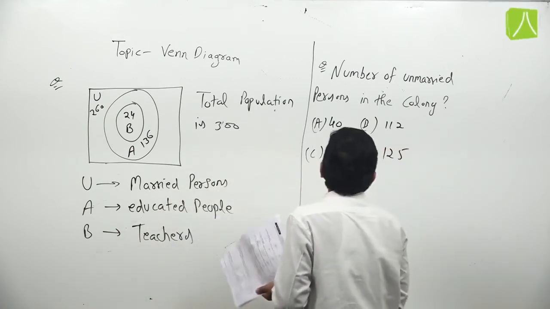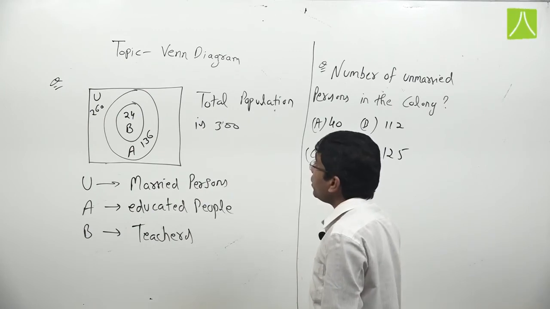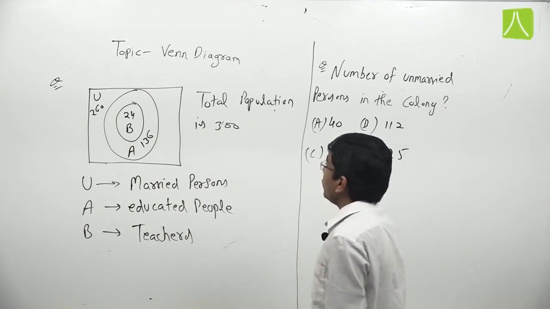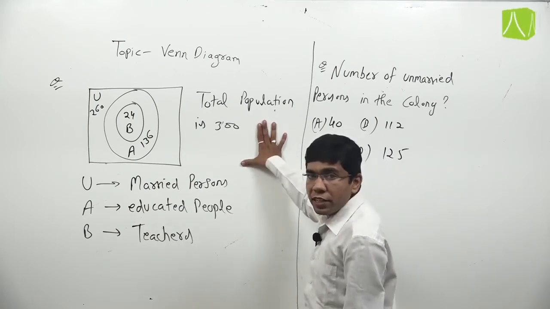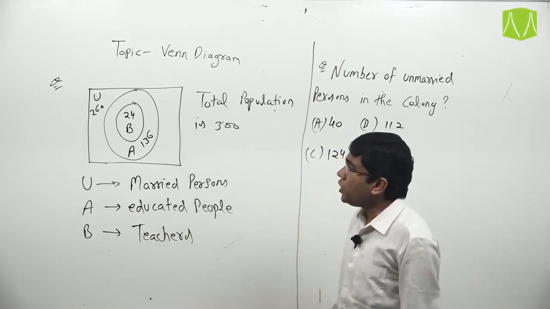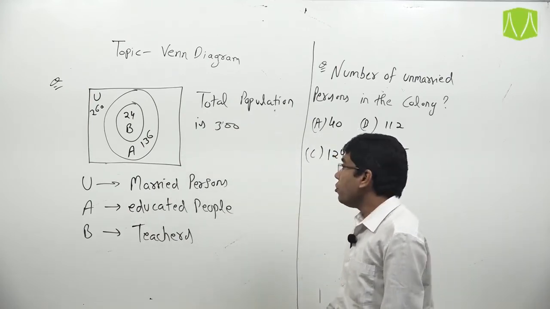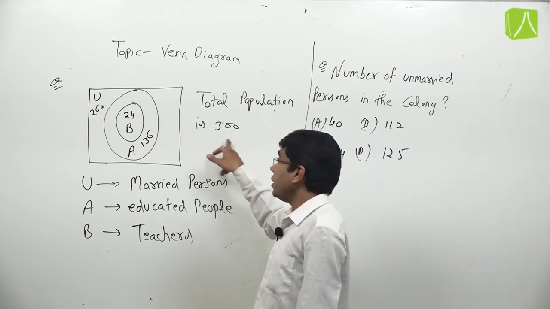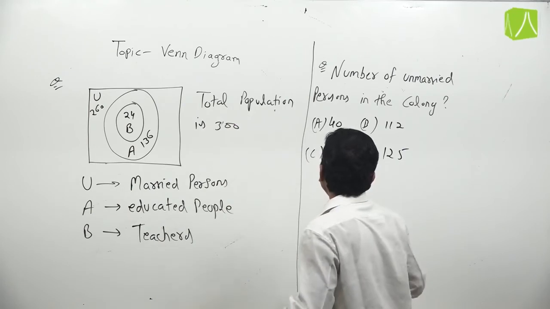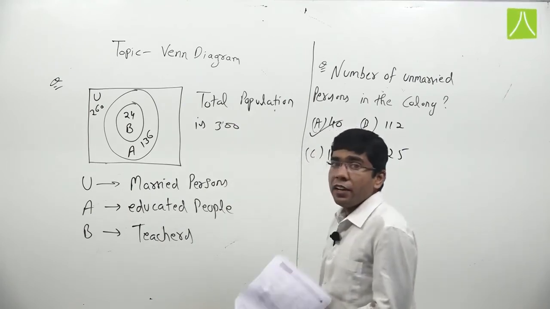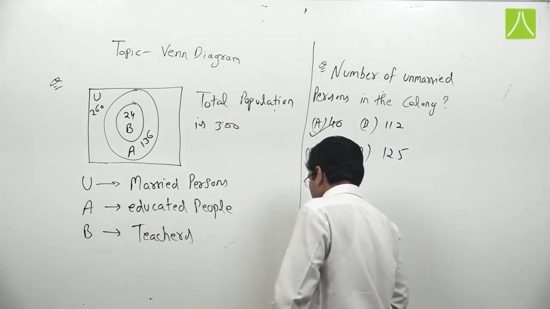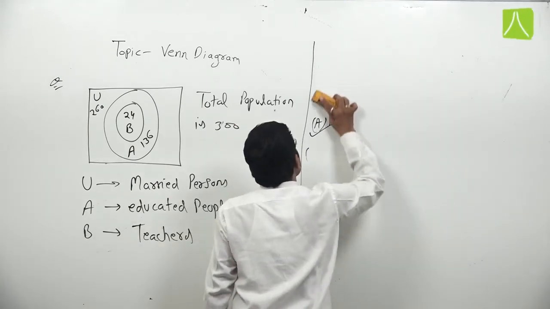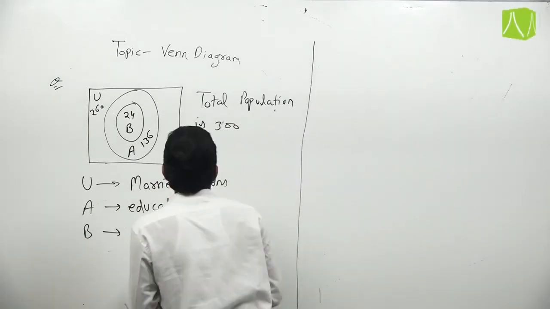Friends, we have to find the number of unmarried persons. According to the question the total population is 300 and U denotes married persons. So we can easily say the total number of unmarried persons is 300 minus 260, which denotes option A. Answer is 40.